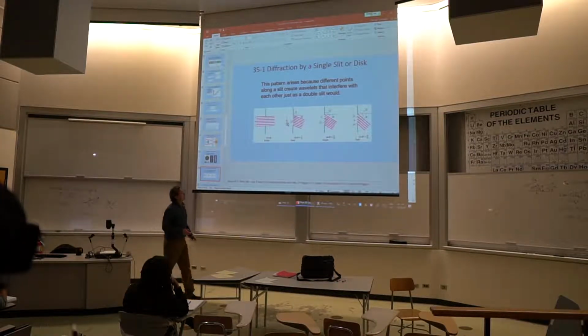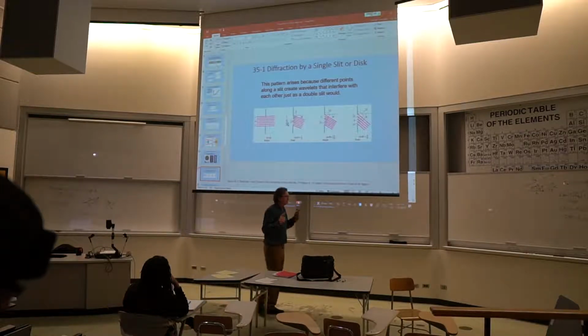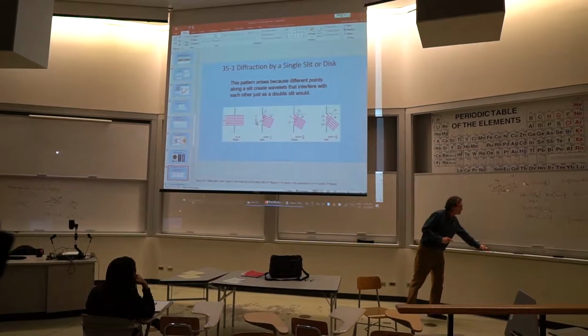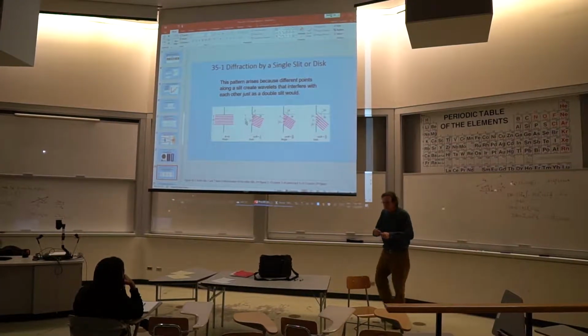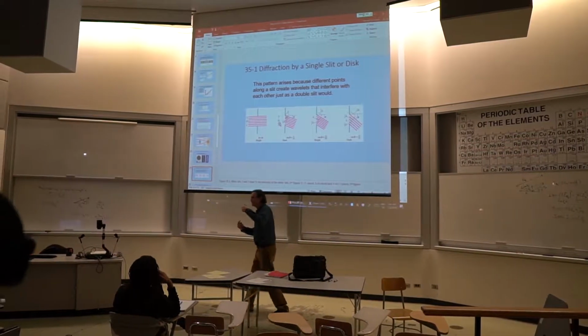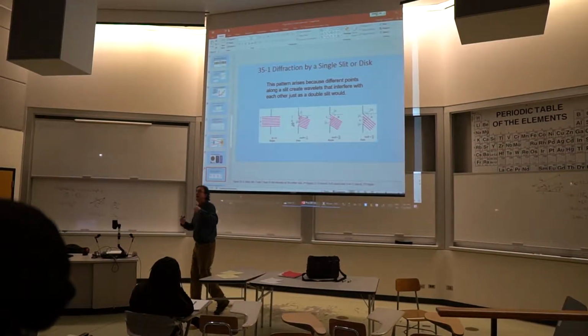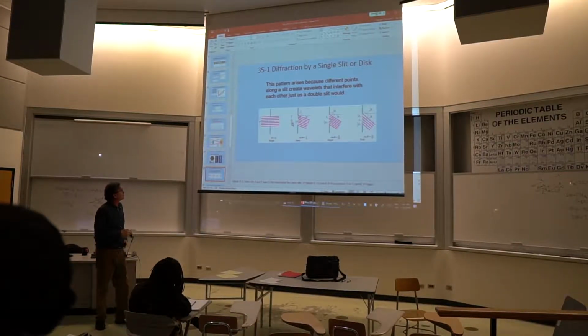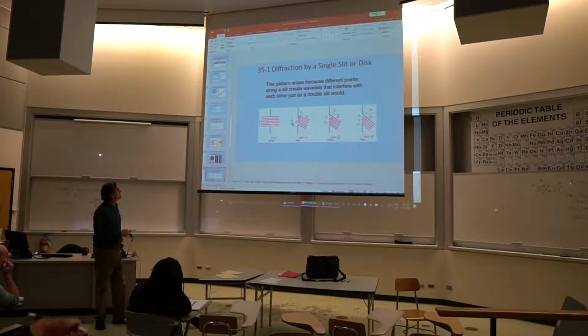Well, the way we're going to do it is let's take that single slit, and you see that I have multiple rays that I can draw that are going through that slit. And effectively what I'm doing is I'm taking the single slit and I'm dividing it up into subslits. So in this case, if I look up here, I have 1, 2, 3, 4, 5, 6, 7 rays.